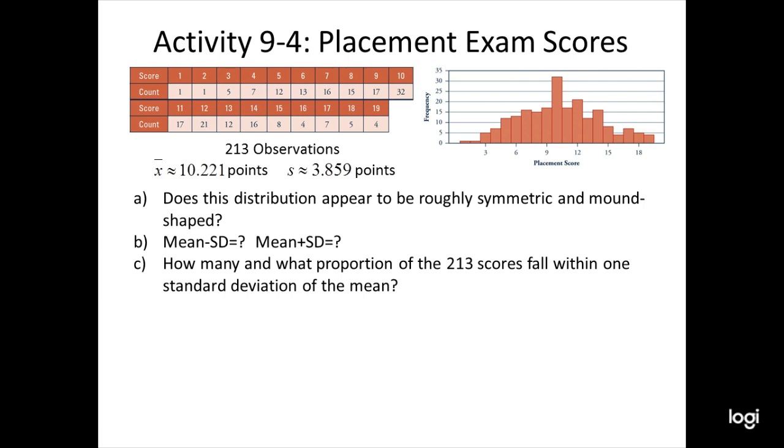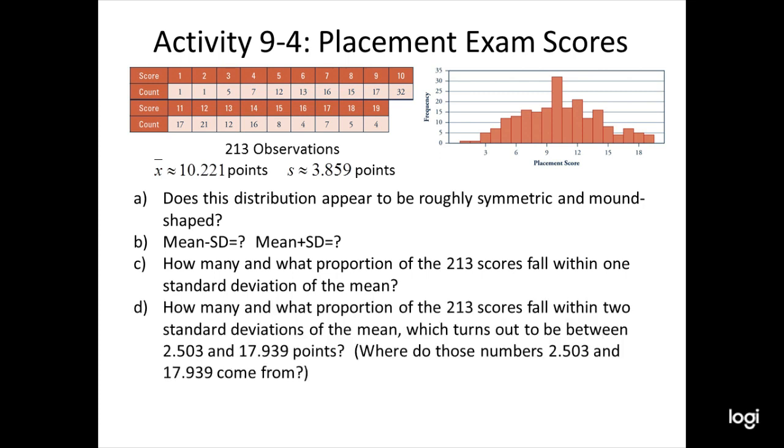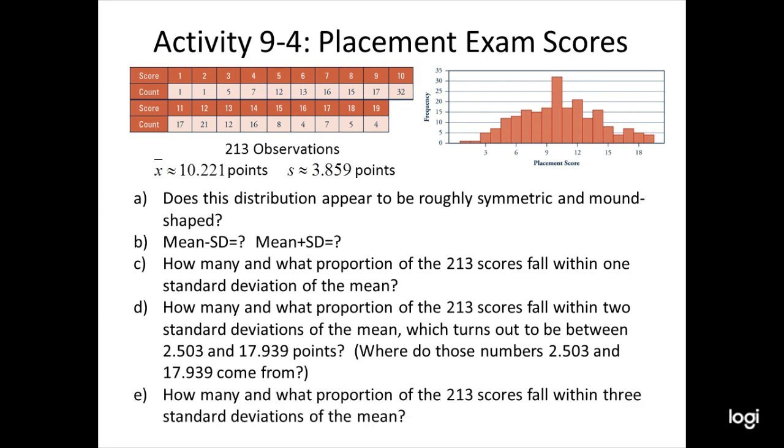Our job will be to figure out how many and what proportion of our scores fall within one standard deviation of the mean. Then we're going to go out another standard deviation in each direction and figure out how many and what proportion of the scores fall within two standard deviations of the mean. And then we'll figure out how many and what proportion of the 213 scores fall within three standard deviations of the mean.